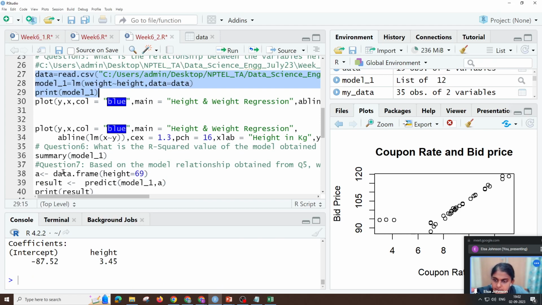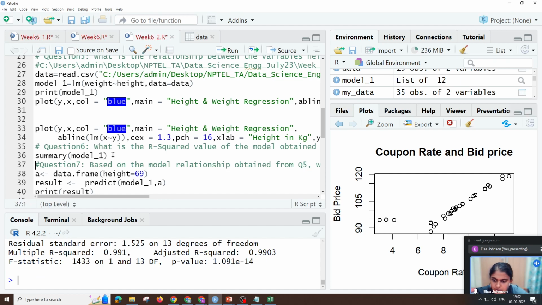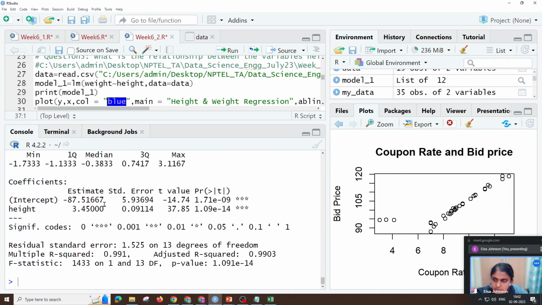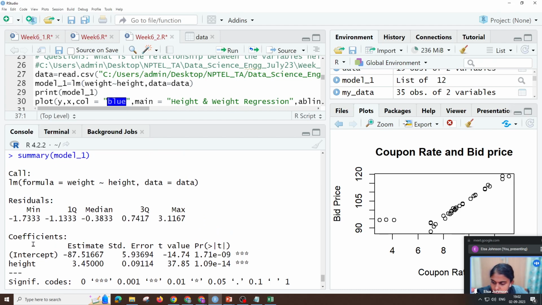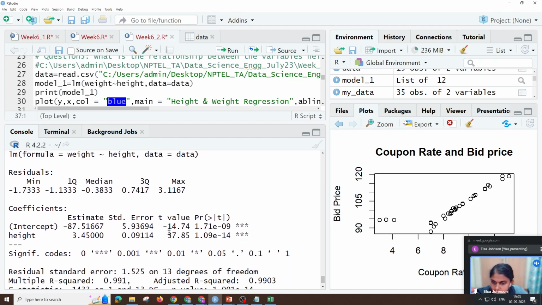If you give the summary of model 1, the whole summary includes the residuals, the coefficients, their standard error, then t statistic value, and significance, whether to reject the null hypothesis. At this level of significance, you can reject the null hypothesis that beta 0 equals 0, so the intercept is significant here. And if you consider beta 1, it is not equal to 0, which means this also has to be considered.